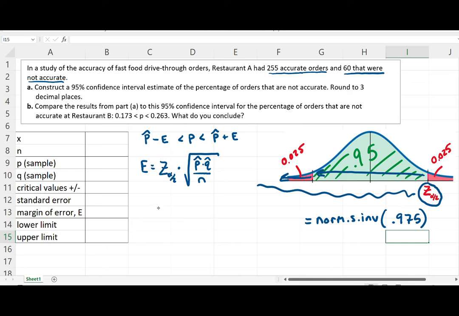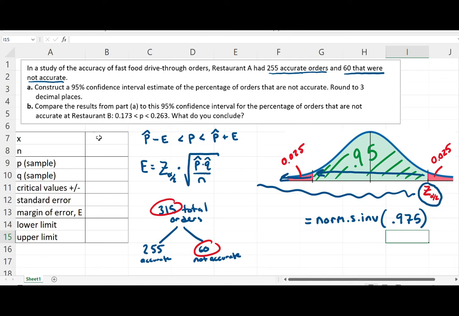So 315 total orders, and of those, we had 255 accurate, and we had 60 that were not accurate. Okay, so we're looking for the proportion or the percentage of orders that were not accurate. So we would say 60 out of 315. 60 out of the 315 were not accurate.